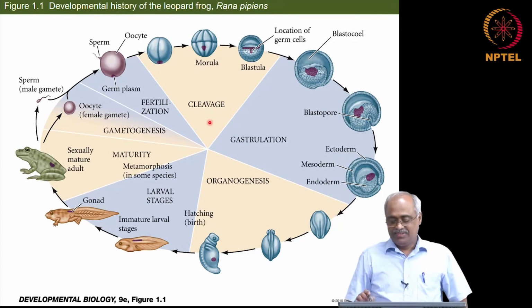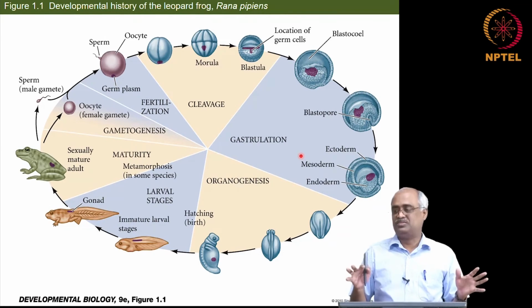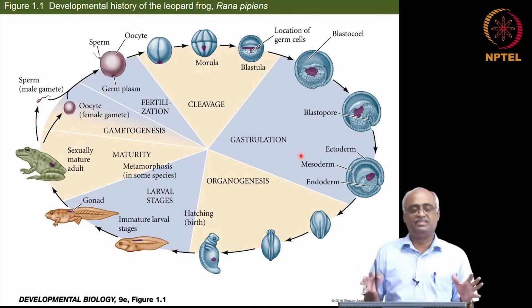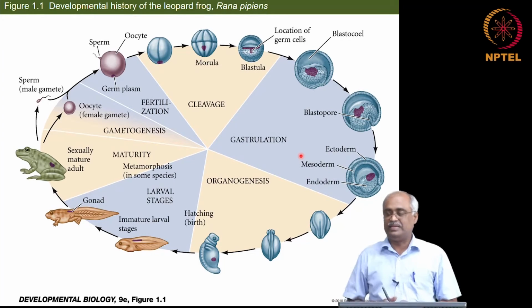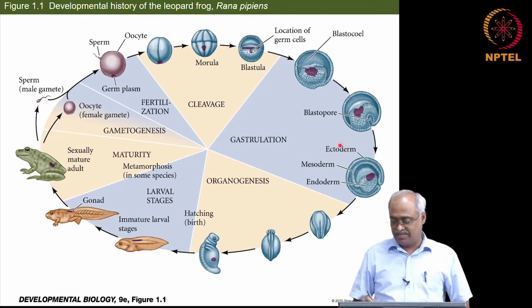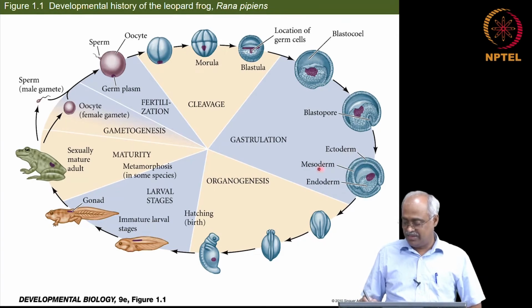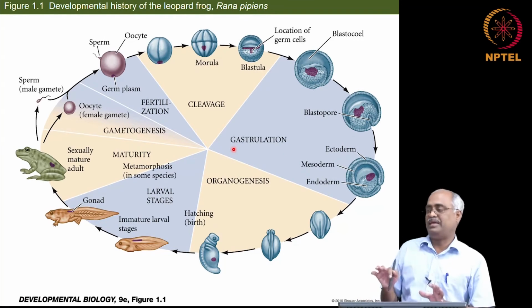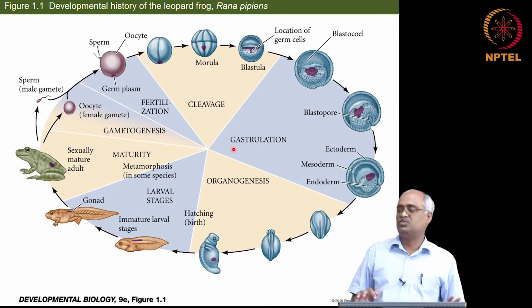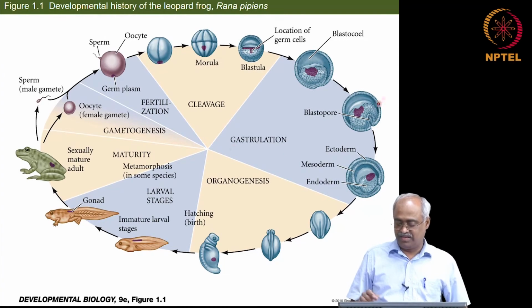Okay. So, the next one is that these cells now undergo rearrangements, they migrate and rearrange themselves into three major layers, we call them germ layers: ectoderm, mesoderm and endoderm. These germ layers are formed by migration and rearrangement of these blastomeres, and that process is called gastrulation.